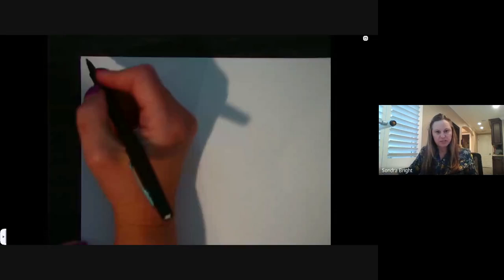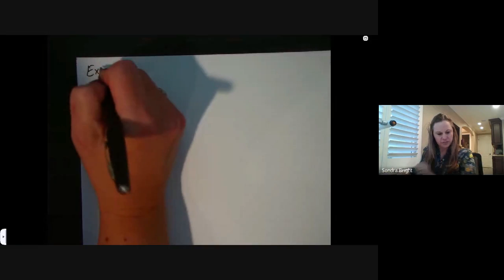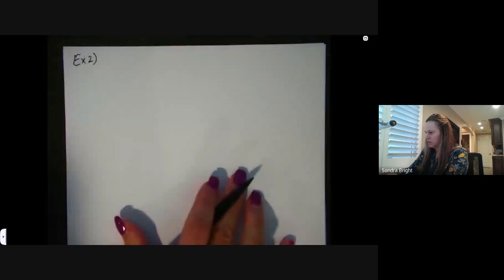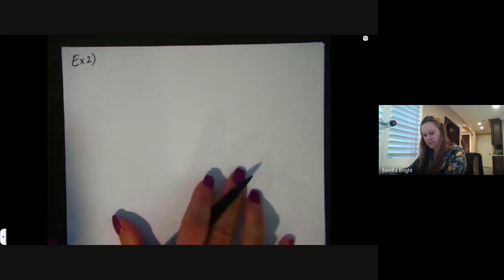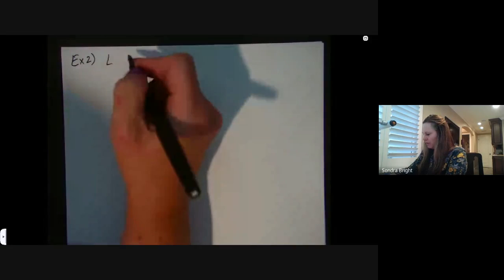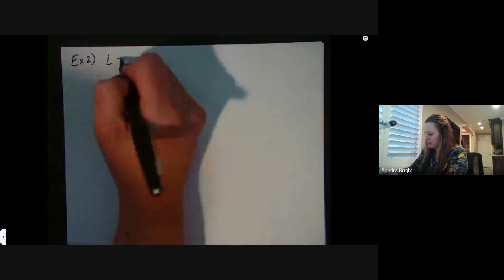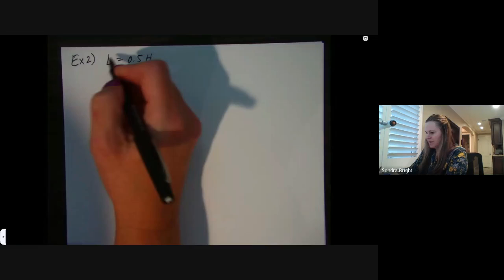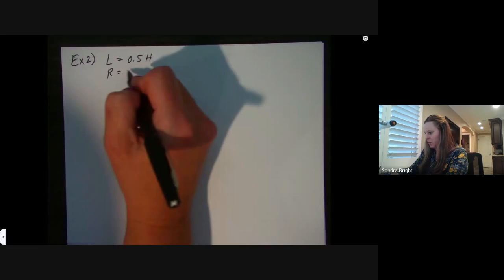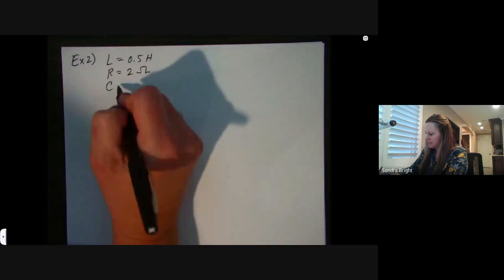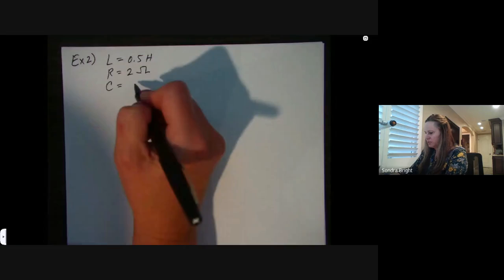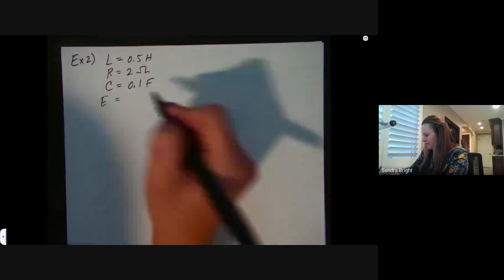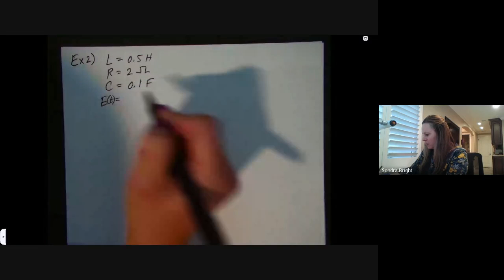So same directions, we're going to find the current as a function of time, given that your inductance is 0.5 henries, your resistance is 2 ohms, your capacitance this time is 0.1 farads, and your voltage is a function of time this time, 2 times sine of 4t.